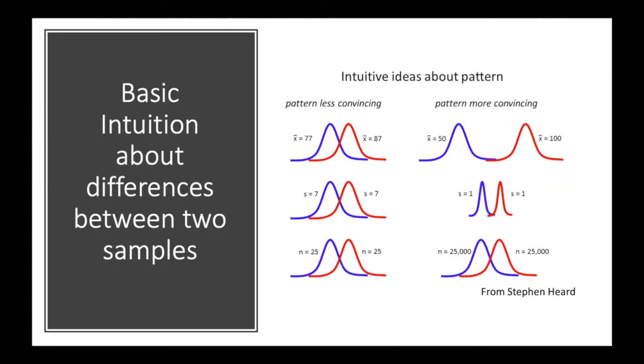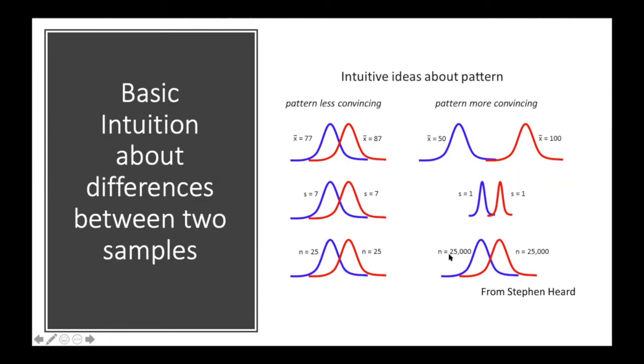So what I mean by this is that in all three of the scenarios on the left, it's less convincing that these two populations, the one depicted in blue and the one depicted in red, are actually different from one another. Whereas in the figures on the right, we have more convincing evidence, or we're more compelled to conclude that these populations are in fact different.